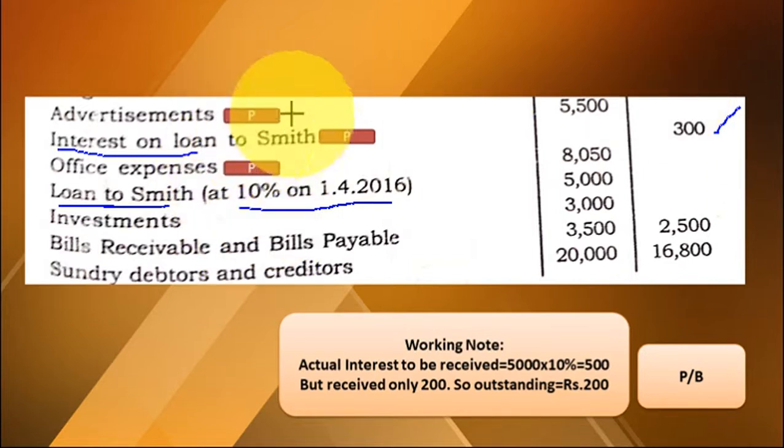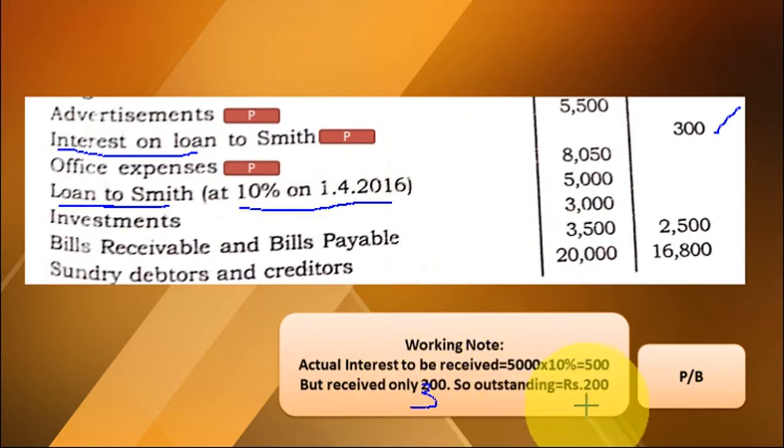Always when they have given it like this, we can prepare a working note. So, actual interest to be received. What is the loan we have given to Smith? 5,000 rupees. So 5,000 into 10% is the interest. So 500 rupees we have to receive. But we have received only 300 rupees.